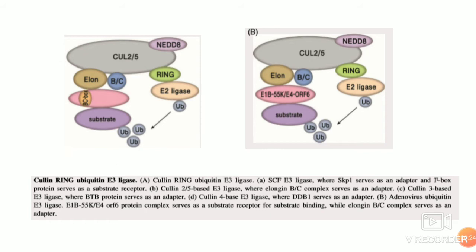That is, in place of this BC box, there are adenovirus proteins which get attached with this Cullin complex, and then it targets the important proteins.